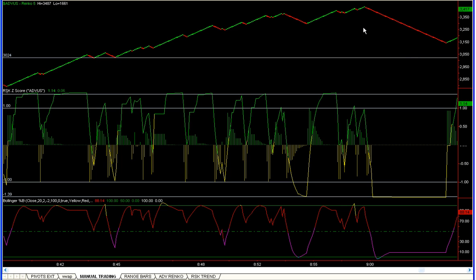The Z-score showed up the divergence, because we were at a higher high on the Spoos, lower high on the ADV-US, and the market shorted. Of course, it also happened in conjunction with the consumer confidence report, so take that into consideration as well.